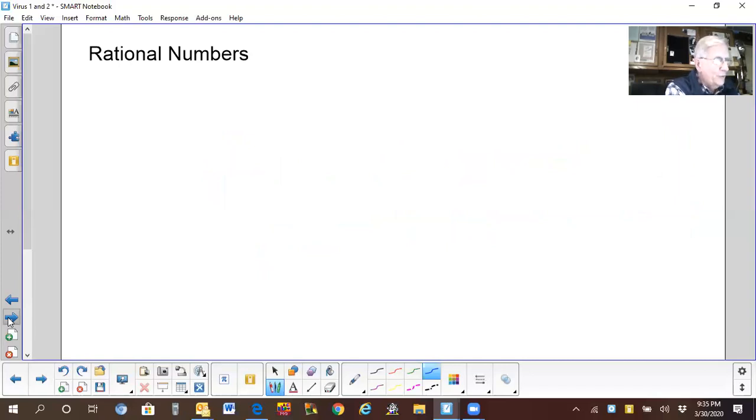Now, I'm going to write out the definition again for the rational numbers. You already probably know what it is, but just in case you can't remember, I will write it out nice and slowly here for you.